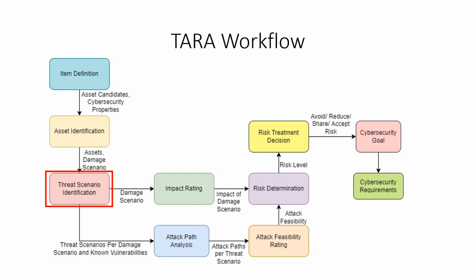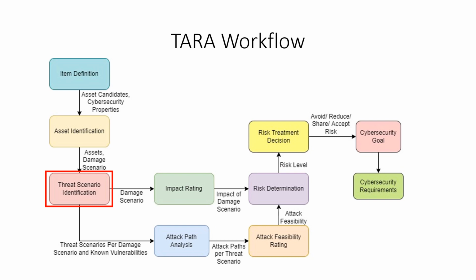This is the place where we will use STRIDE as an example. In item definition, we get to know our scope of work, the system under development, which is our target to evaluate the cybersecurity.